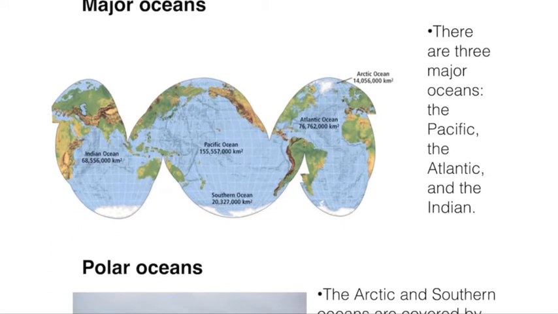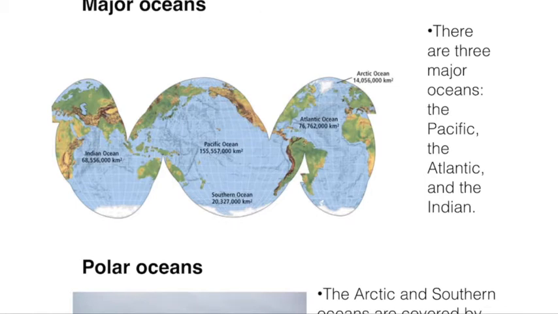You've got several oceans. Most people can name the Pacific Ocean, which is west of California, and the Atlantic Ocean, which is east of Virginia and North Carolina. There are several other large ones. There is the Indian Ocean, which is between Australia and India, that whole area. Then you've got a northern ocean and a southern ocean.